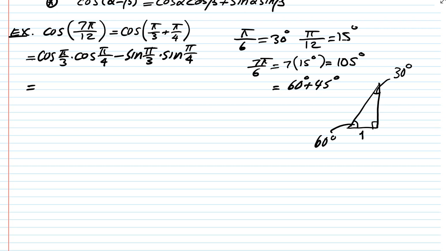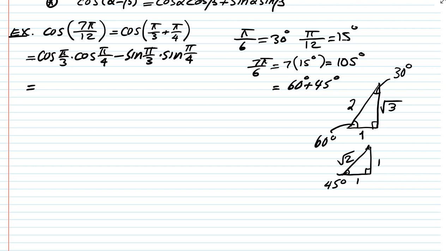So the sides are 1, 2, root 3. There's your triangle for 30, 60, 90, and your 45, 45, 90. This is 45 degrees. Here's the right angle, with sides 1, 1, root 2. That's all I need in order to come up with the exact values of all 6 trig functions of those special angles.